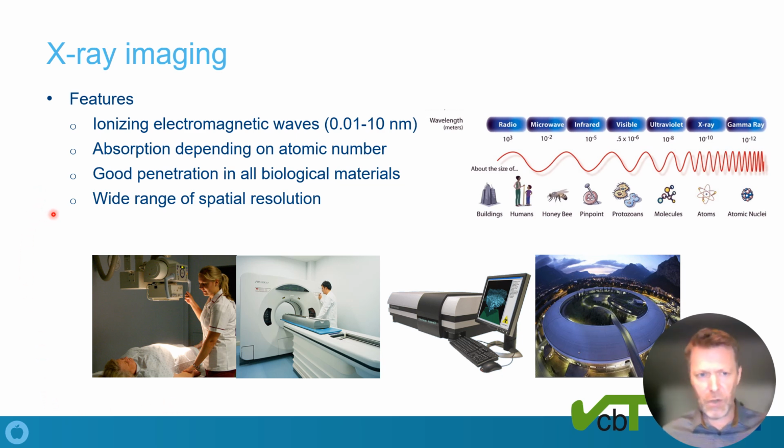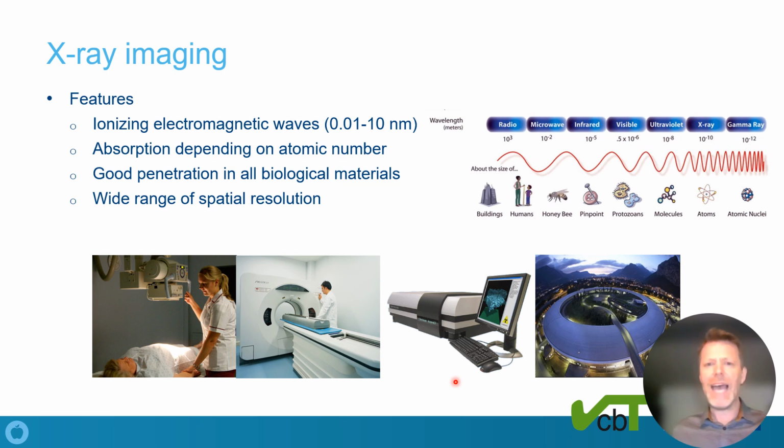Then finally, X-ray imaging instruments come in a wide range of spatial resolutions. So typical medical instruments, as you see here on the left, have spatial resolutions between 100 and 1000 micrometer, while desktop instruments like the one here that are typical for research purposes have better resolution in the order of 1 to 100 micrometer.